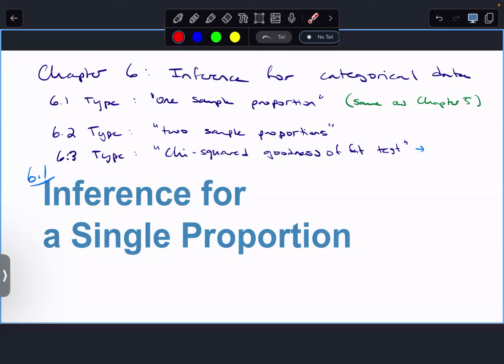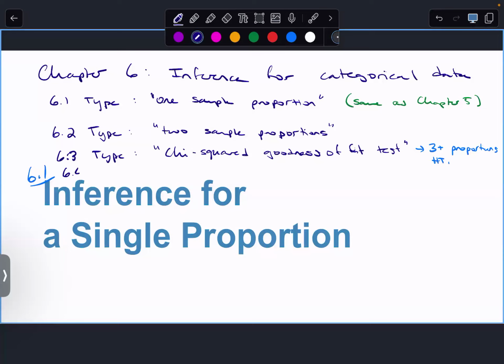And then when I move into the chi-squared goodness of fit test, I have 3+ proportions that I want to compare. What's nice is it is different because we're not using Z anymore, we're using chi, but we only do hypothesis testing, so no confidence intervals anymore.